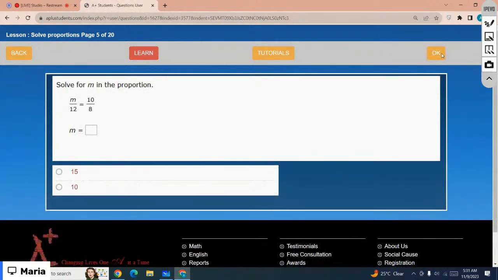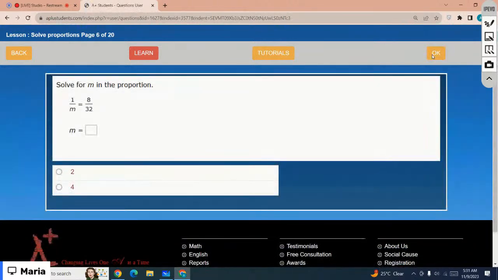Okay, solve for m in the proportion. So which is the correct option? The correct option is 15. m equals 15.